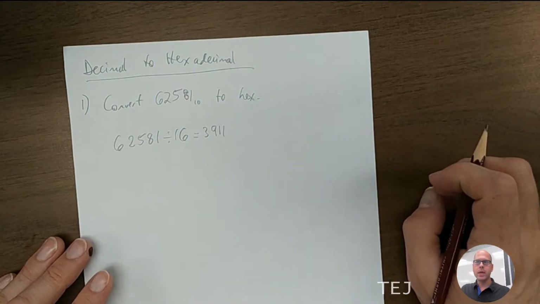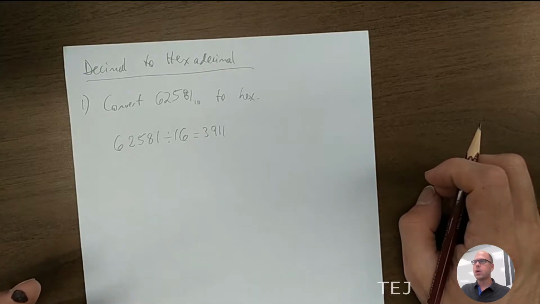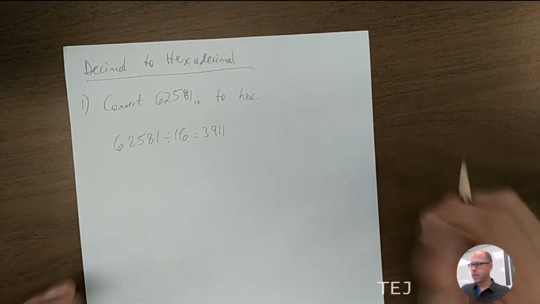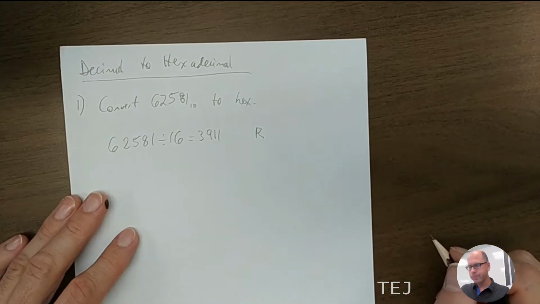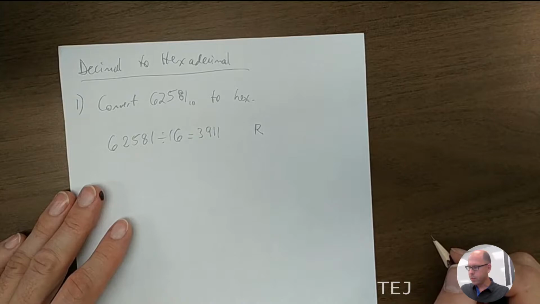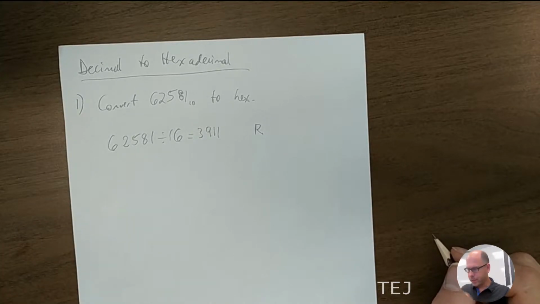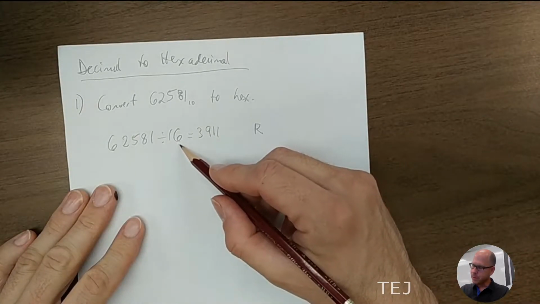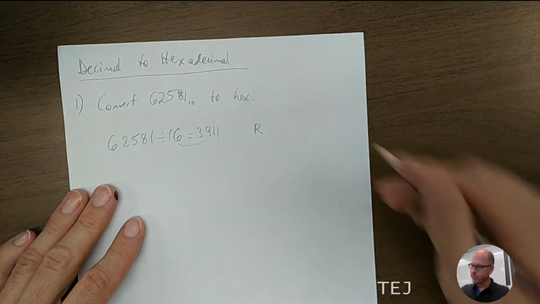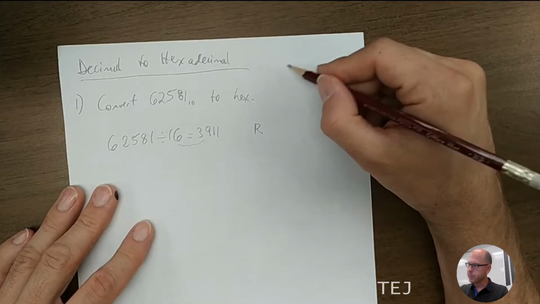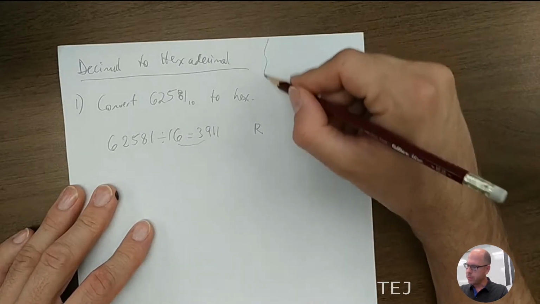So what we're going to do is discard the decimal number, write down the whole number, and now we have to determine what the remainder is. To get the remainder, we're going to find out 16 times 3,911.